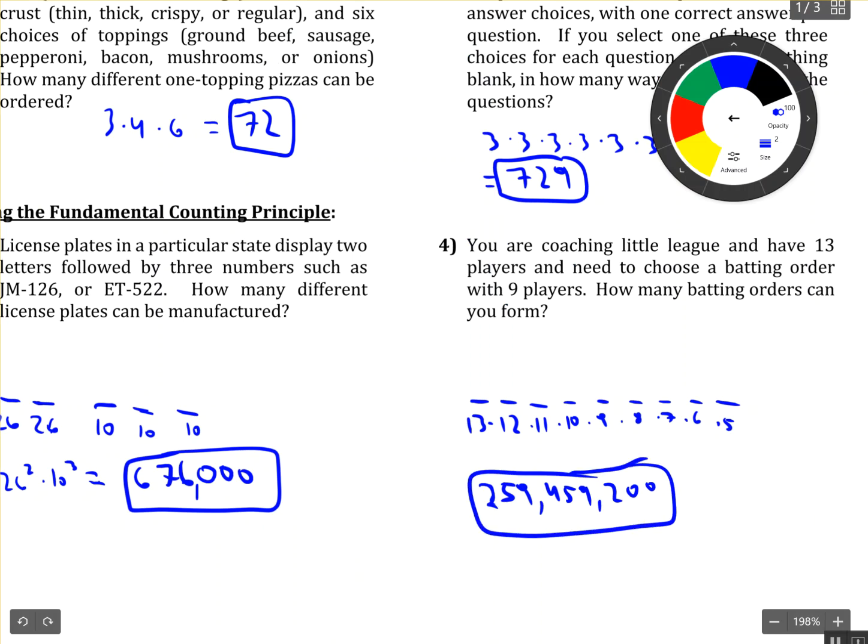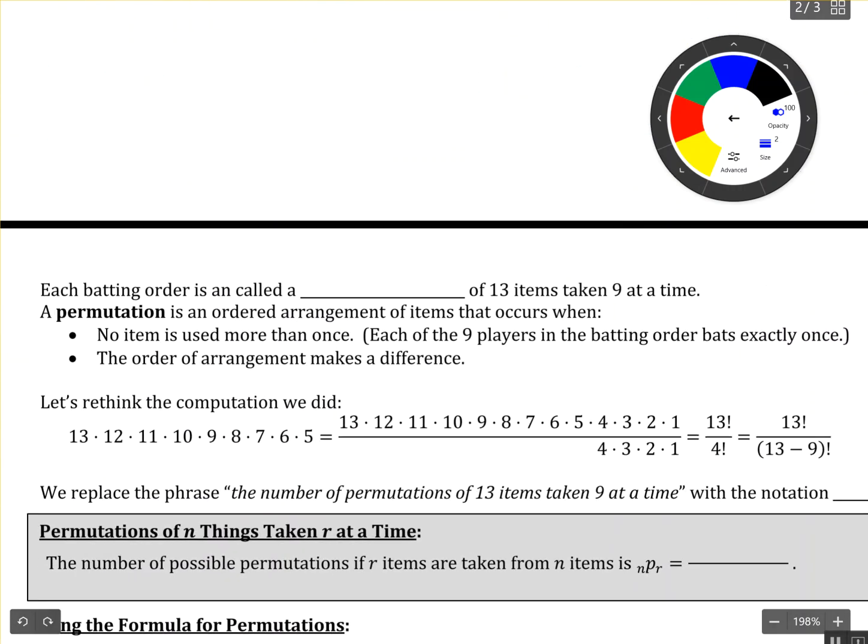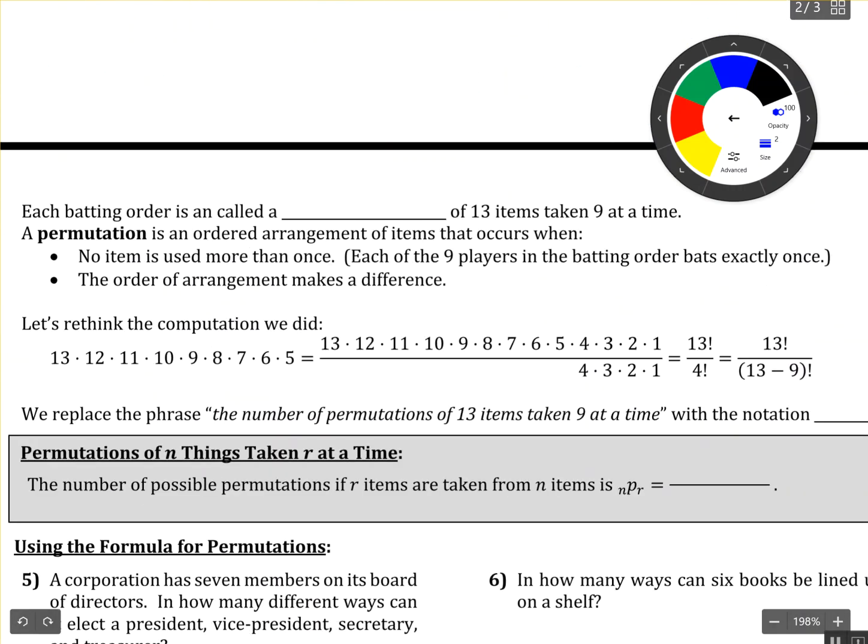You can see how this quickly gets really, really big as far as these permutations. I guess we haven't really talked about them, but that's how many different ways we can do that. Each batting order is called a permutation of 13 items taken 9 at a time.